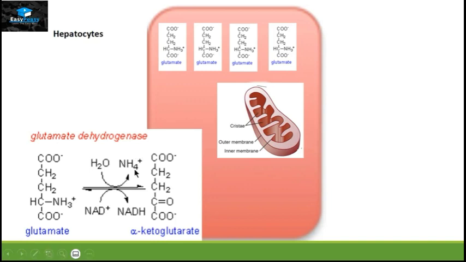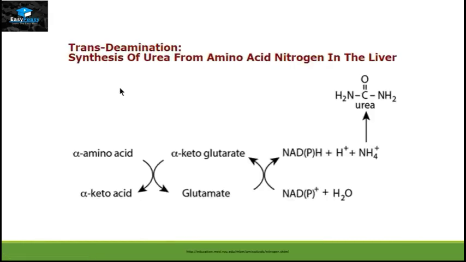It requires NAD plus to form NADH, for the removal of the amino group. This is what we call deamination, the removal of the ammonia ion. This ammonia can be used to form urea, which we will see alongside. So this is an example of transdeamination that takes place in the body.